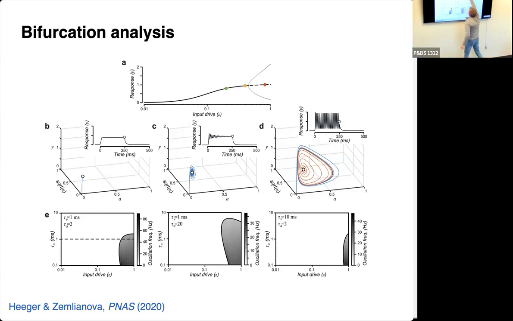For a medium strength input drive, you get into what's called the spiral attractor regime, in which the responses overshoot and then spiral in to the fixed level. So if I were to look at just the principal cells, the Y neurons, it would look like a damped oscillator. Okay, and that's what I mean by the spiral regime.